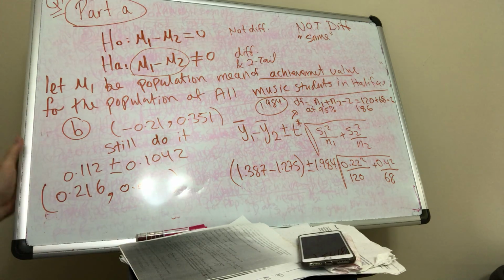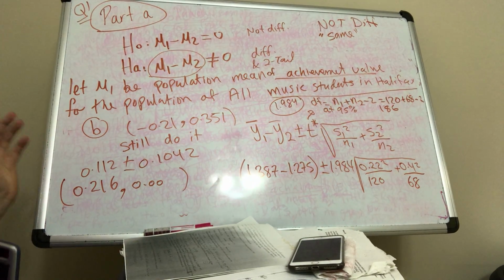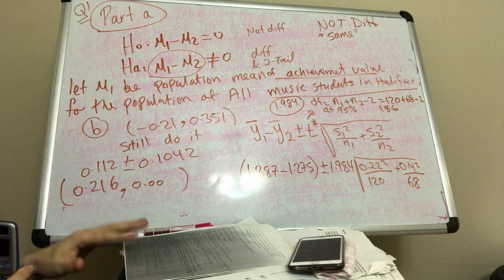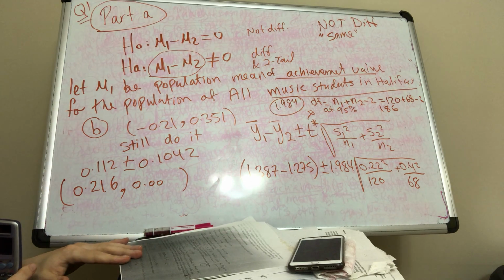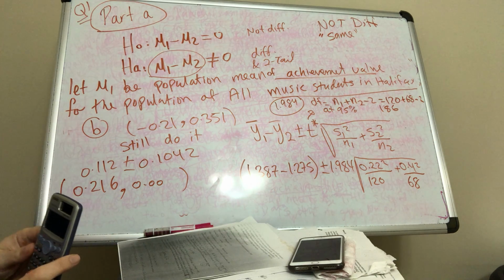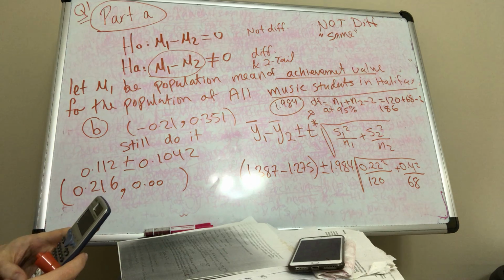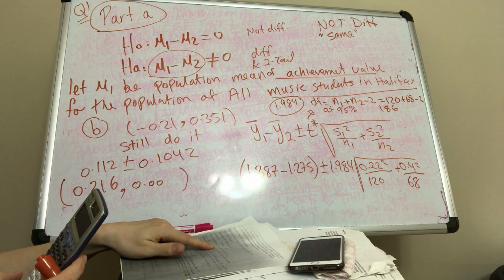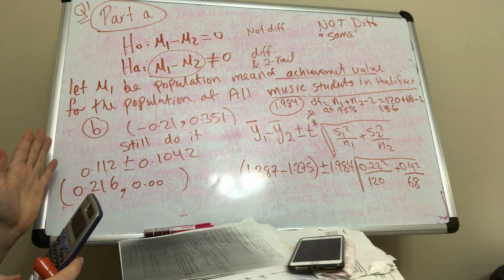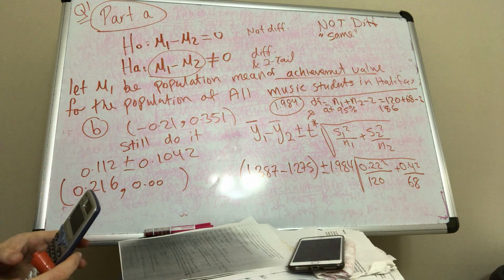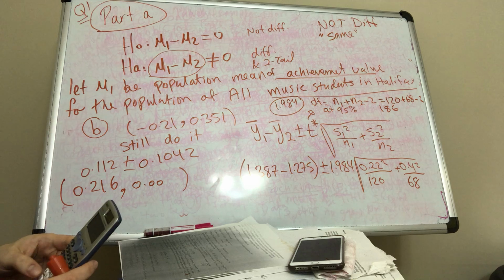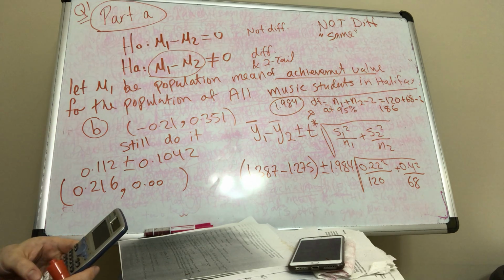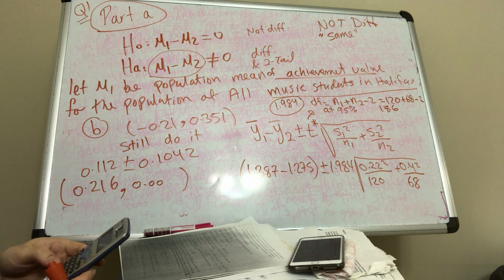There's something strange. Let me just double check one thing in the calculation, because the confidence interval they provided, if we assume that it's correct, must be close to the answer. You do it the long way.